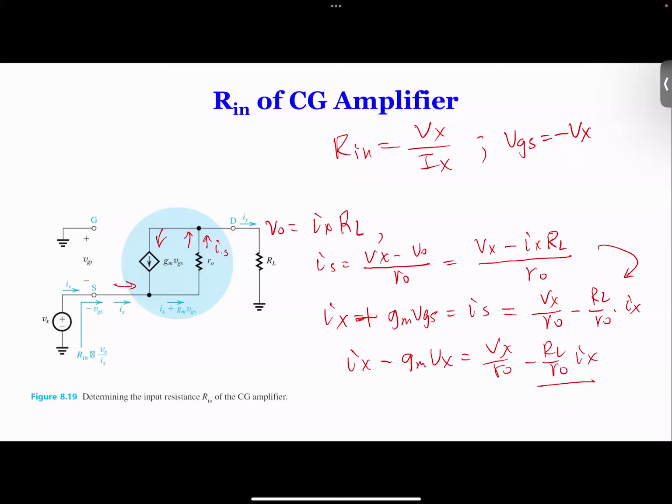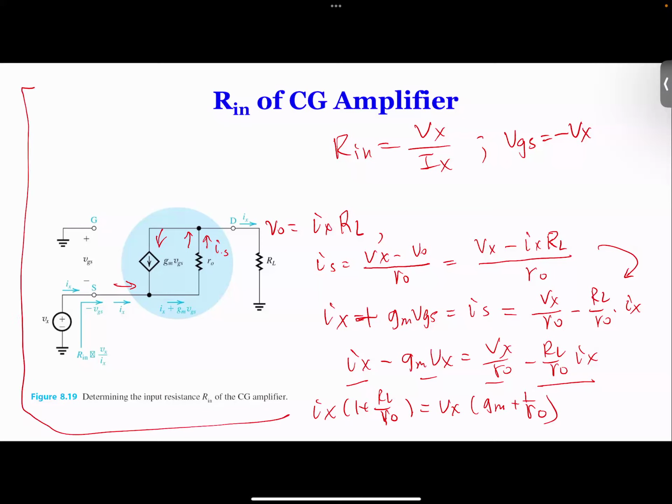So now you have Ix on this side, Ix on this side, Vx here. So we can use Ix times 1 plus RL over Ro equal to Vx times Gm plus 1 over Ro. We got this. So I don't have space, so let me move on.